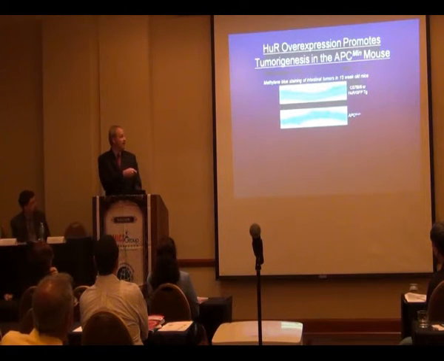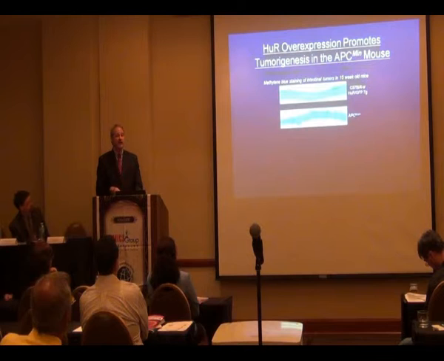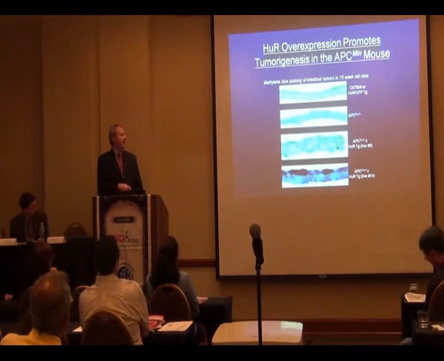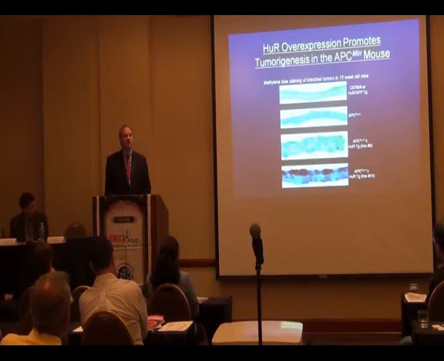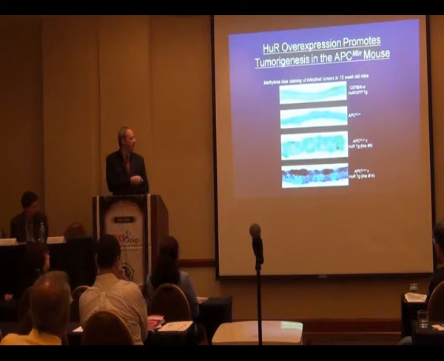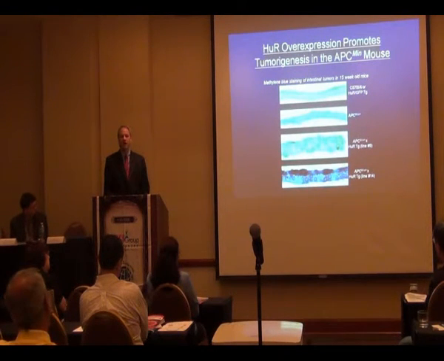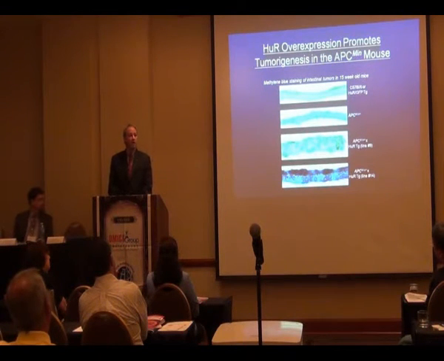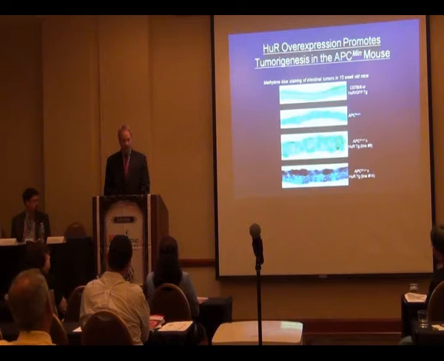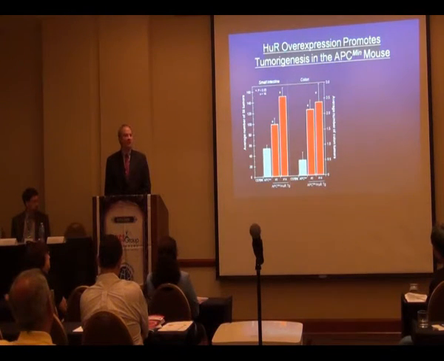Now, when we take this mouse here and put that into an APC-Min genetic background and look at tumor burden, you can see many more tumors. And this is just two independent transgenic founder lines. And also, these tumors appear much larger. So this indicates that HuR, when overexpressed in this genetic background, can potentiate tumorigenesis.